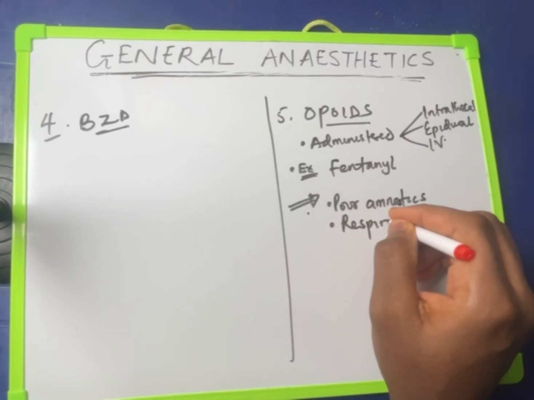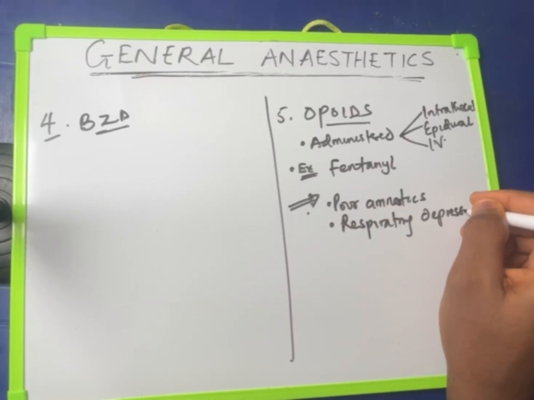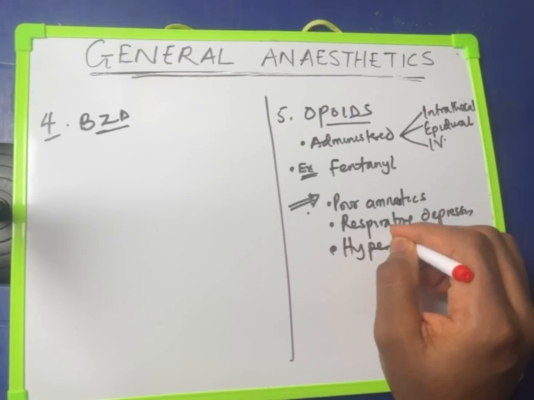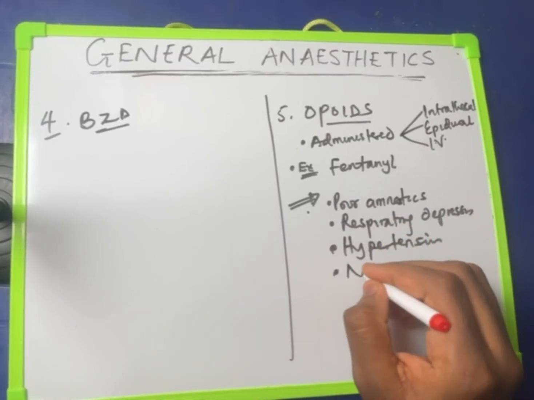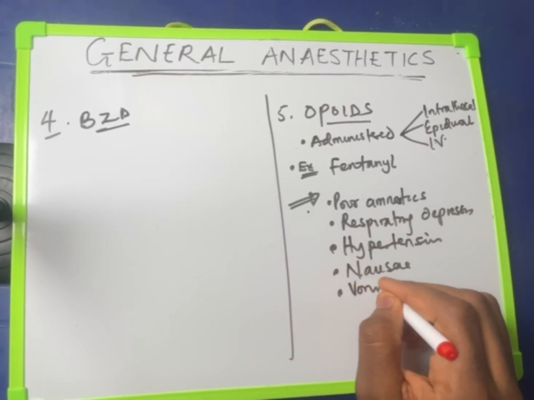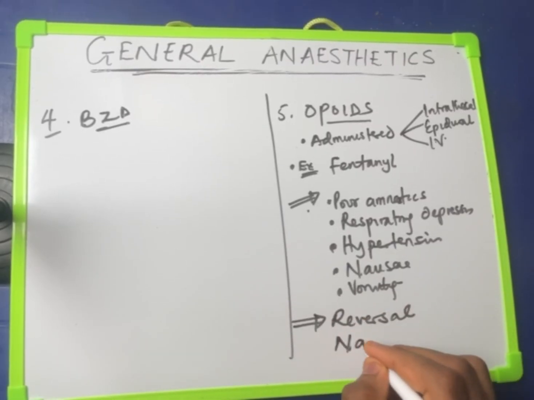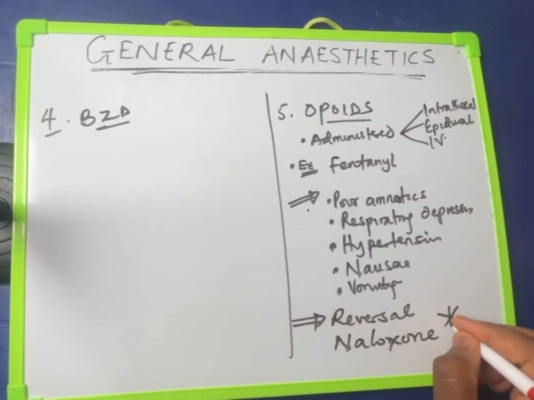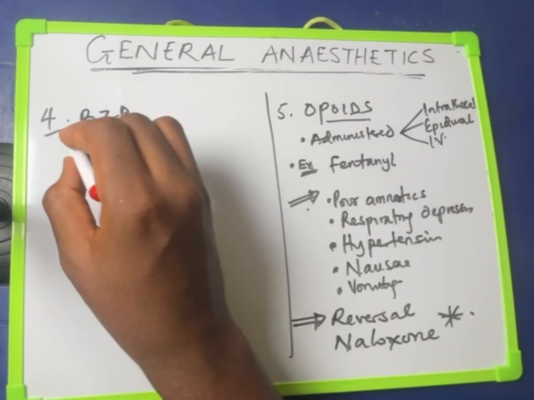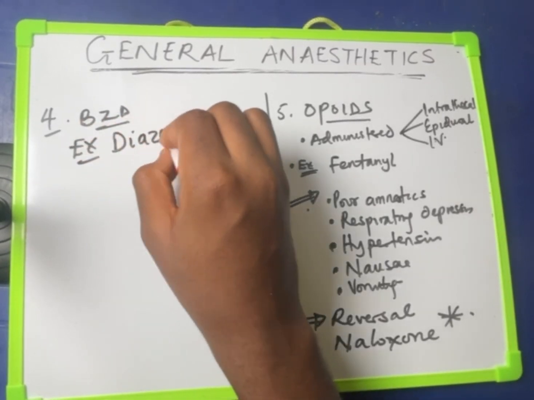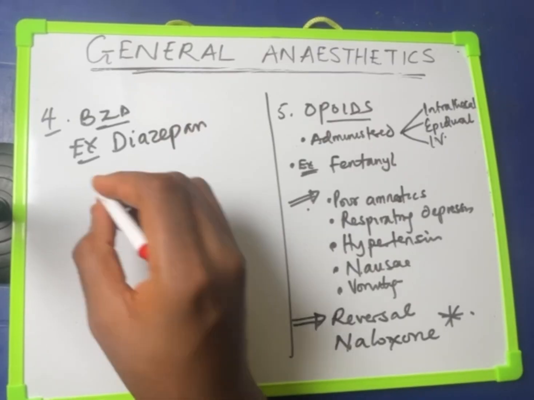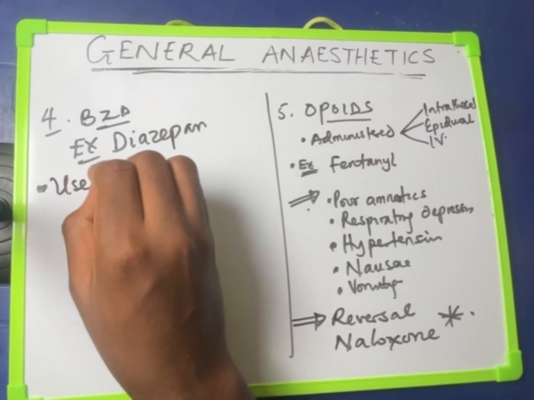They are respiratory depressants. They are going to depress the respiratory center in the medulla. They cause hypotension, nausea, and vomiting. It is also noteworthy that you can reverse opioid poisoning or opioid excess, or when recovery does not ensue fast, you give naloxone.